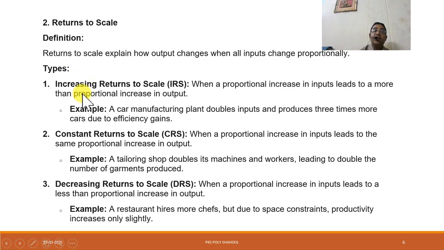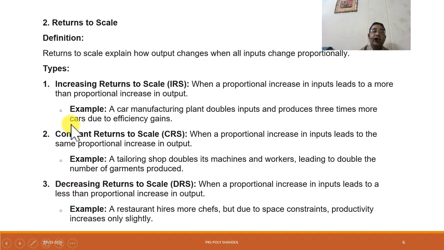But in case of increasing return to scale, you change the input by 2 units but output will increase not 2 but more than that. So this is the increasing return and this is the constant return to scale. For example, for constant return to scale, a tailor's shop doubles its machines and workers, leading to double the number of garments produced.